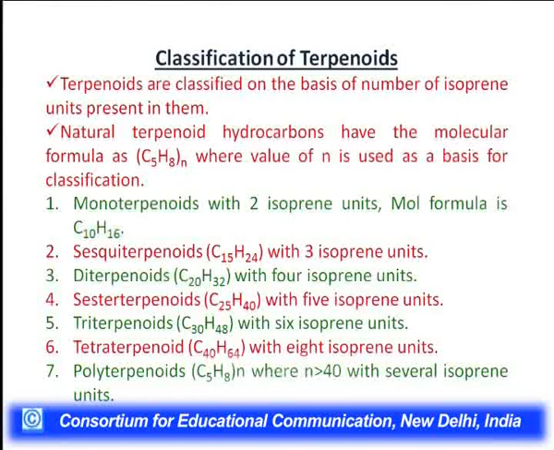If it contains 8 isoprene units with the molecular formula C40H64, then these are termed tetraterpenoids. And if more than 40 isoprene units are present in a particular hydrocarbon, then these will be termed polyterpenoids.